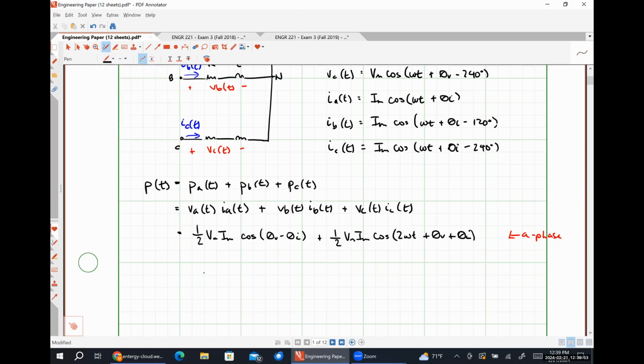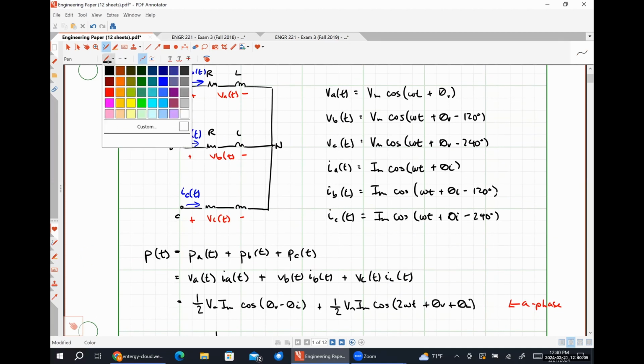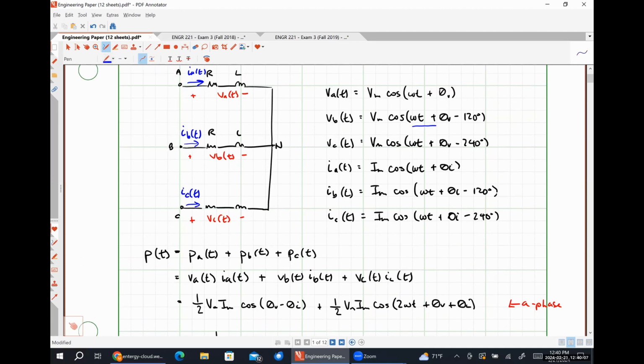Now let's look at our B phase contribution. So I'm going to have a 1/2 Vm Im. And what I'm doing right now is I am taking this angle right here as a single angle and subtracting from it this guy right here. So omega t minus omega t is going to look like 0. Negative 120 degrees minus negative 120 degrees is also going to look like 0.